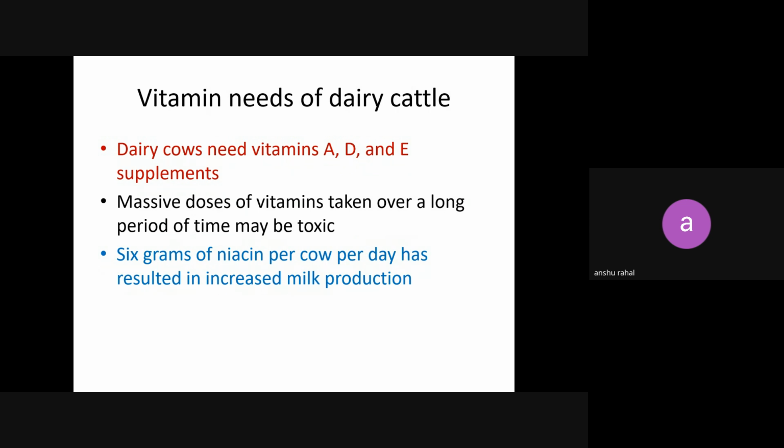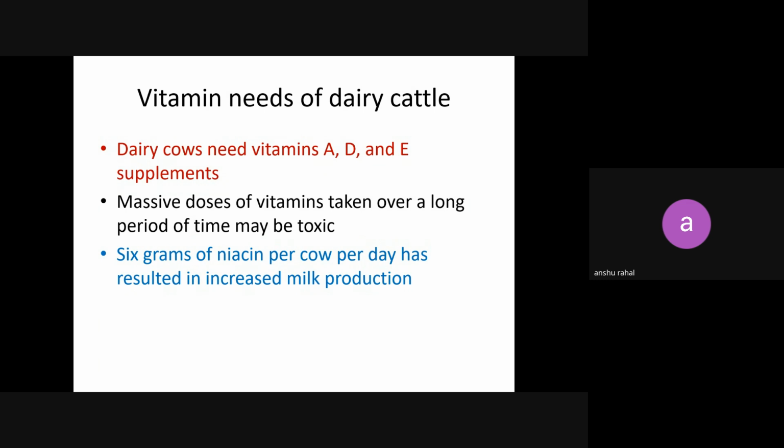And mostly bypass protein and bypass fat need to be given when the animal has a fast growth rate and high production, or the other feed you are giving is of inferior quality. The vitamin A requirement is usually met through green roughages, vitamin D through hay, and for vitamin E, you need to give supplements.